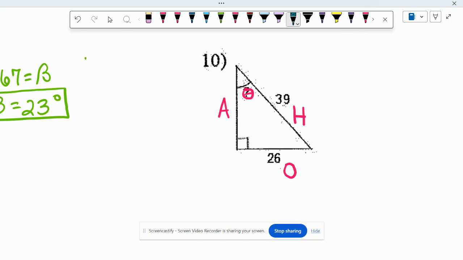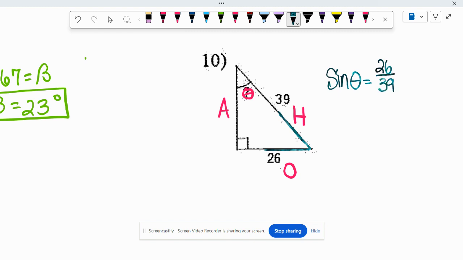All right, so what trig function, Nathan, uses H and O? Or O and H? The sine. So the sine of theta equals the opposite, 26, over the hypotenuse, 39.